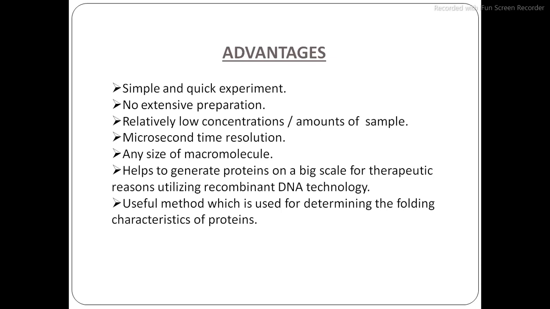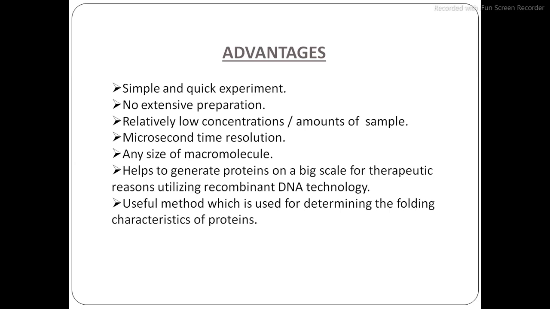The advantages of circular dichroism spectroscopy include that it is a simple and quick experiment. No extensive preparation is required. Relatively low concentration and amounts of sample are sufficient for CD spectroscopy. Microsecond time resolution is sufficient.